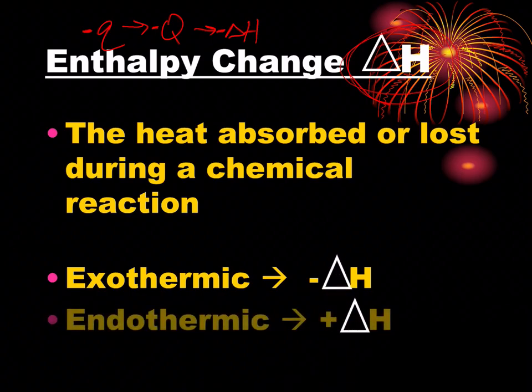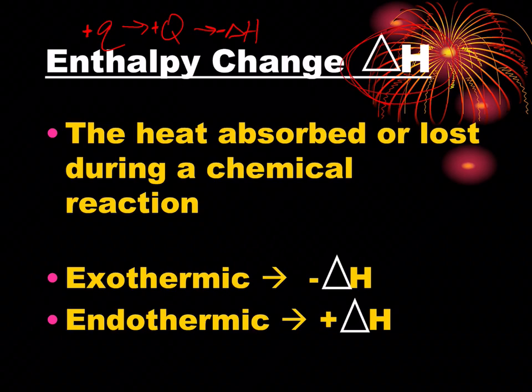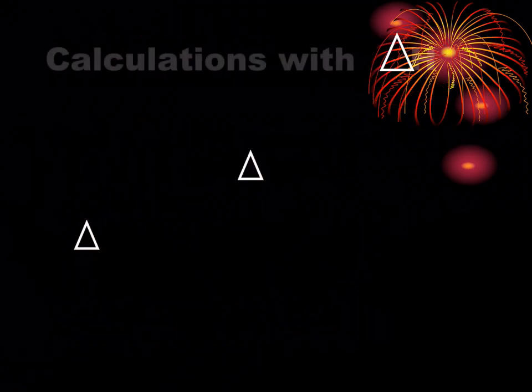And of course, that means endothermic is positive. So if our temperature was increasing, if our solid was melting or our liquid was evaporating, and now if our chemical reaction is absorbing heat or needs heat to take place, right, it's endothermic, or a positive delta H.